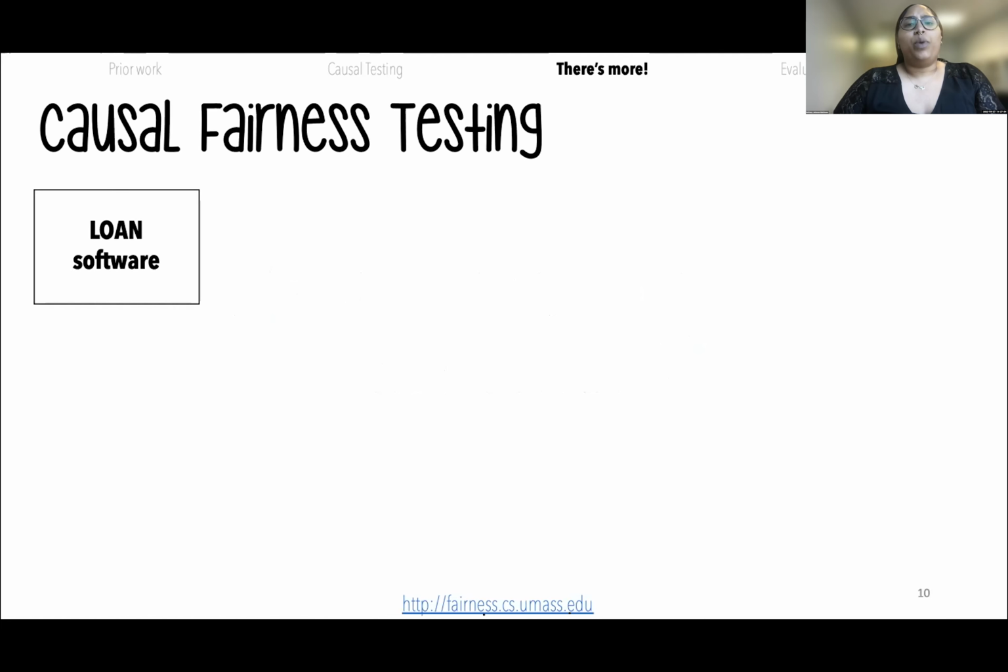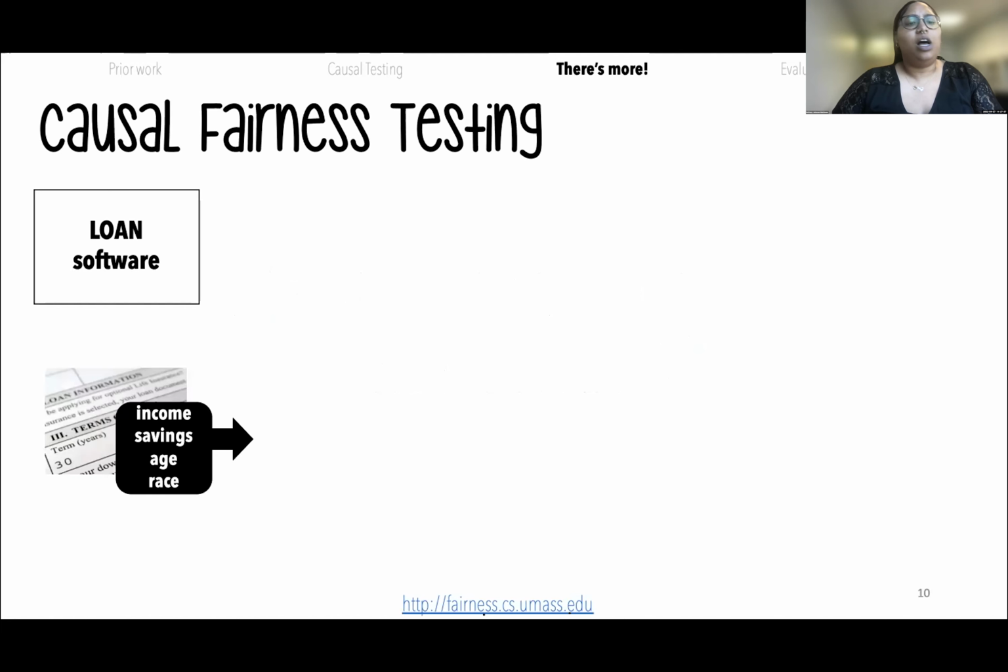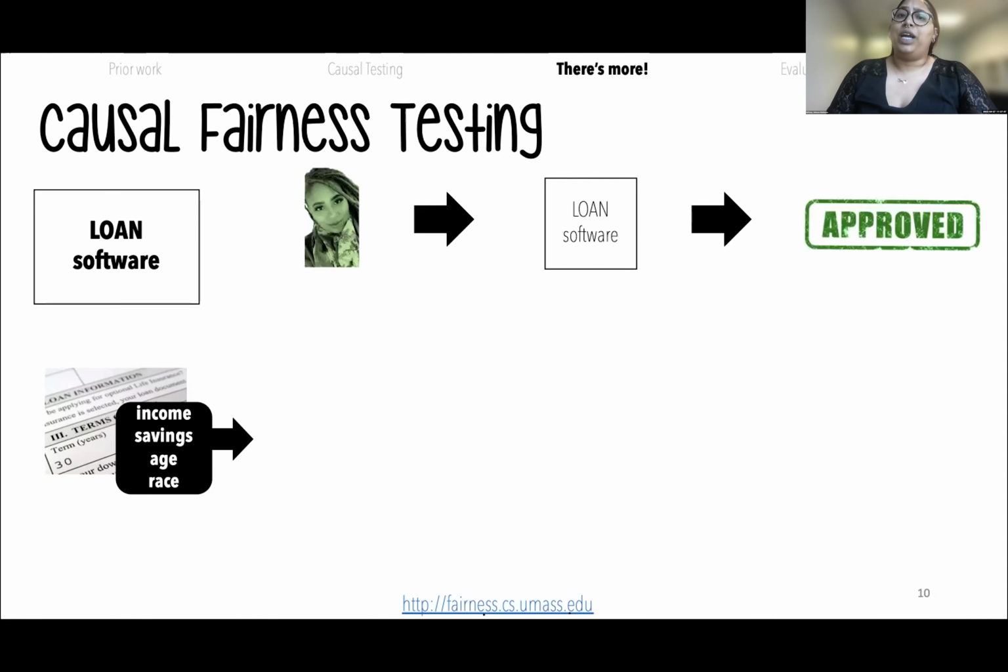Let's say, for example, we have some software that takes some inputs, for simplicity's sake some loan software that takes these four inputs to make a decision. What causal fairness testing does is automatically generate tests that look something like this. We have some input based on our input space, it goes into the loan software, and we observe the outcome of that input.